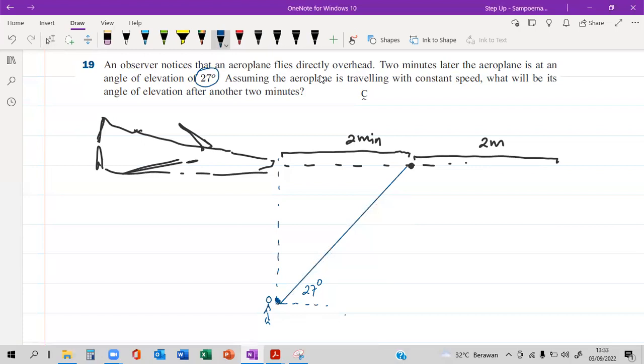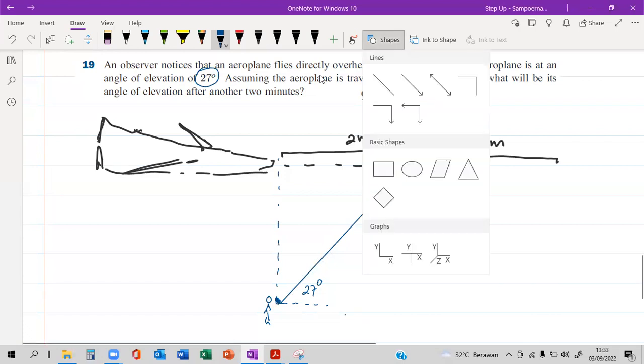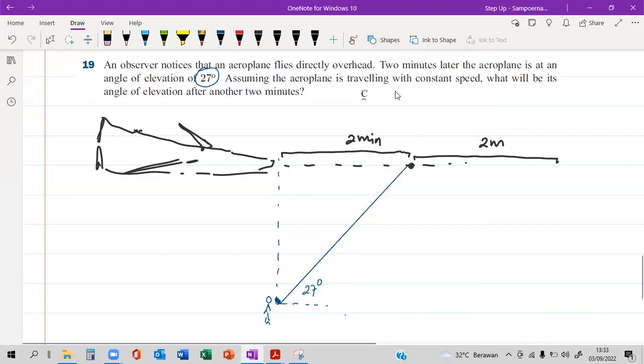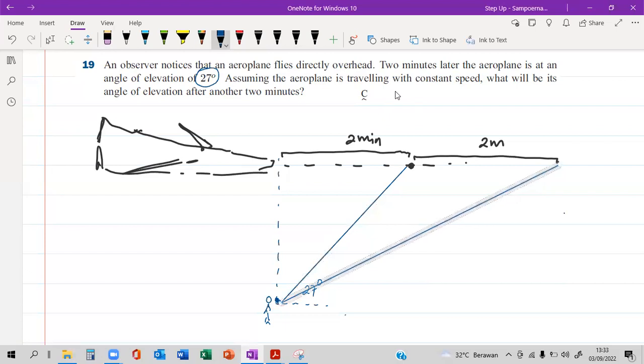And then after another 2 minutes, we will be asked what is the angle of elevation now, after you have seen another position of the airplane. Now the airplane is here. And the question is, what is your angle of elevation right now, theta? You get the question?